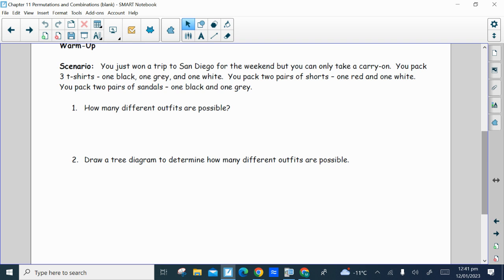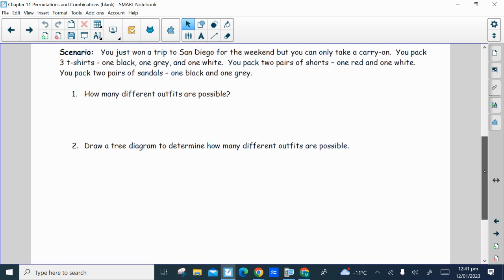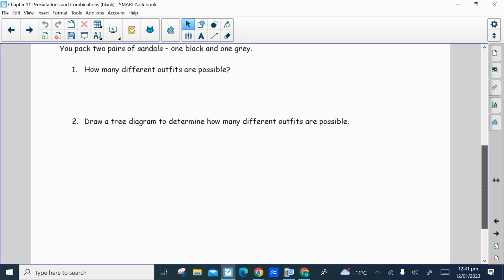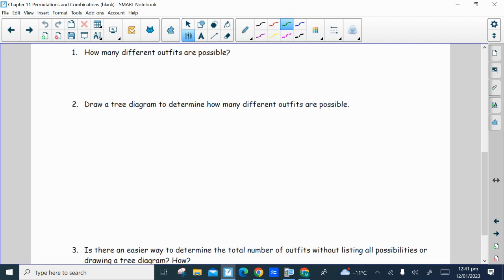One way to do this is by using what's known as a tree diagram. So we'll start with the t-shirts. There's black, gray, and white. As I set this up, I'll put t-shirts at the top here, and below that, I'll put my different colors: black, gray, and white.